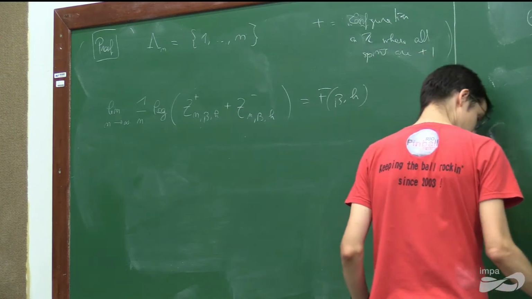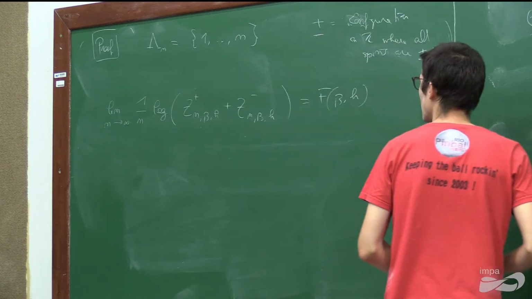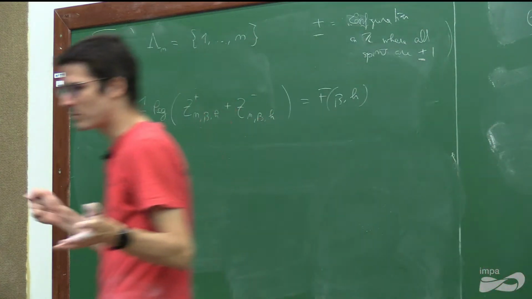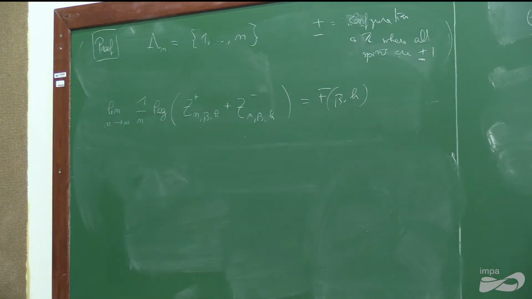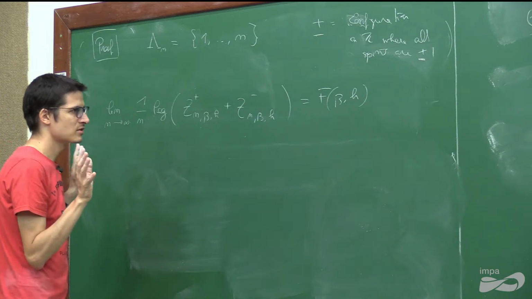And by minus, I just mean the configuration on Z where all spins are -1. So instead of considering just one partition function, I'm going to sum the partition function with plus boundary condition and the partition function with minus boundary condition. It will become obvious why I do this in the computation, but what I'm telling you is that taking the sum of the two doesn't change anything.